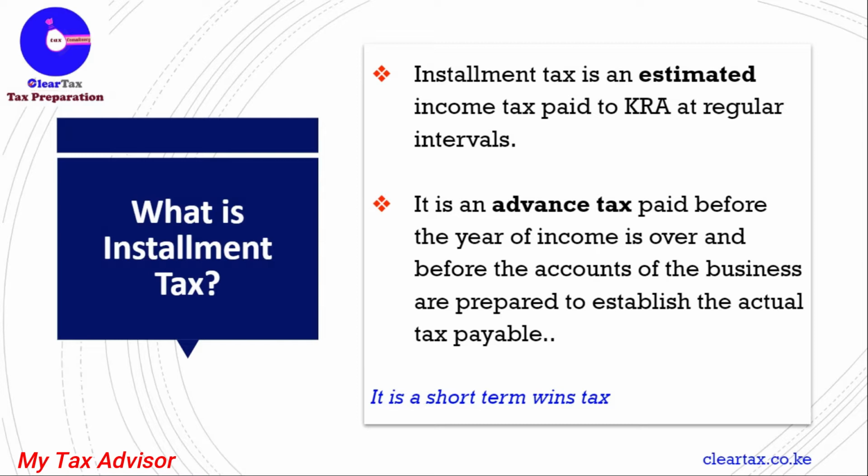And then at the end of the year, once I've done my books of accounts and I know the actual amount of tax I'm supposed to pay you, then I'm going to offset this deposit against my tax bill. So you can think of installment tax in a nutshell as a deposit or a credit that you're giving to KRA, and then you reuse it in future to offset your tax bill.